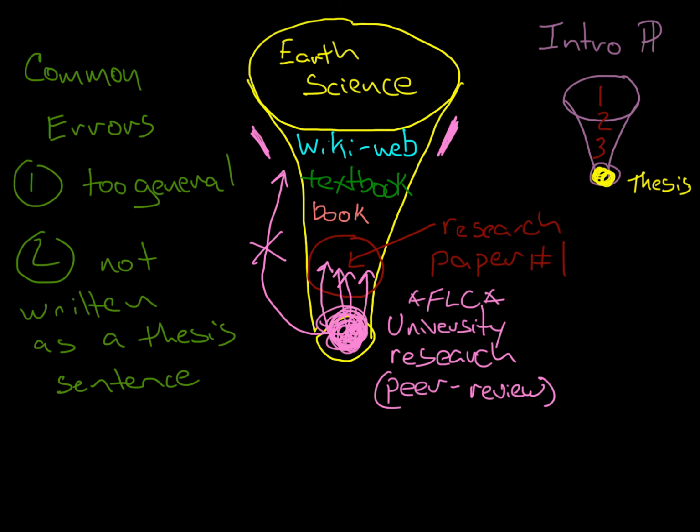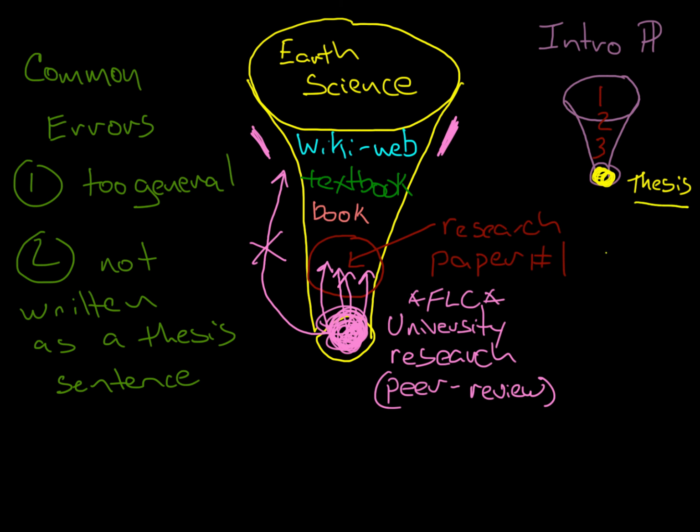This is going to be your thesis sentence. So this should be very specific. So by the time I read through your first paragraph of your research paper number 1, I should have a very clear idea on what your paper is going to be about. And this is what I'm asking you to do as your very first step.